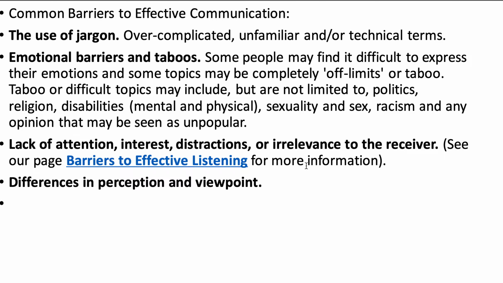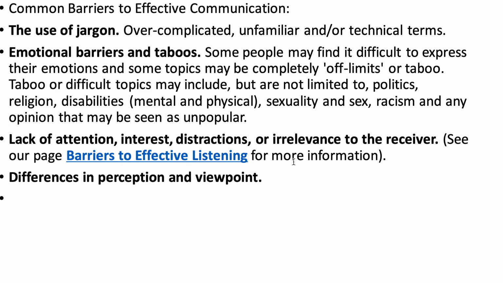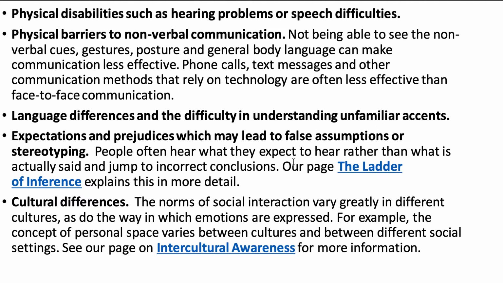What are the common barriers of communication? Use of jargon or technical language, emotional barriers and taboos, lack of interest, distraction, and relevance to the receiver, differences in perception and point of view.